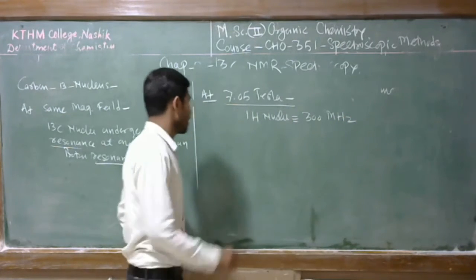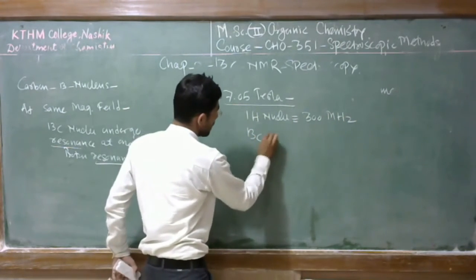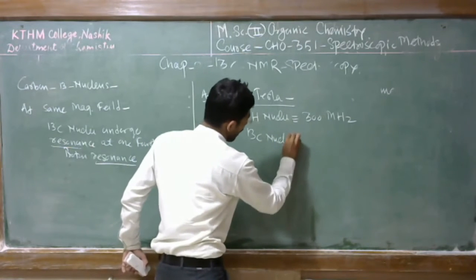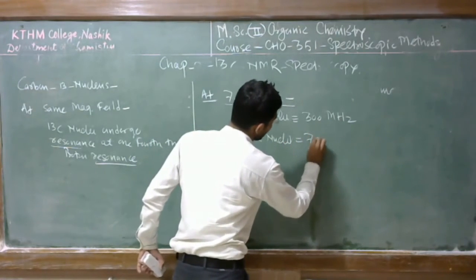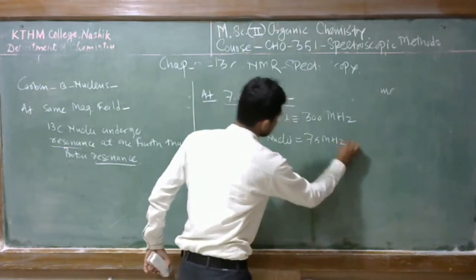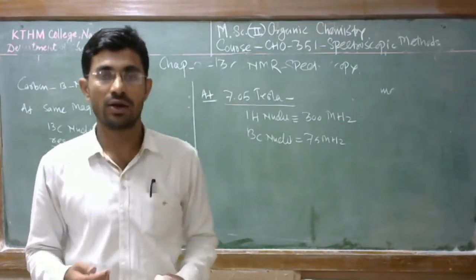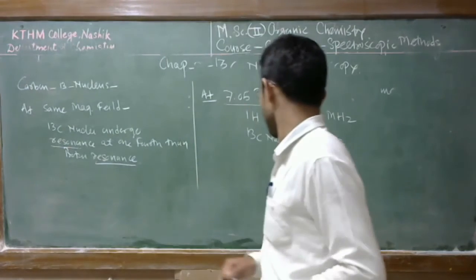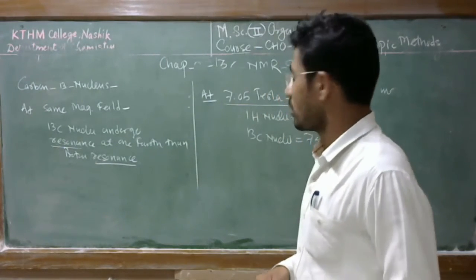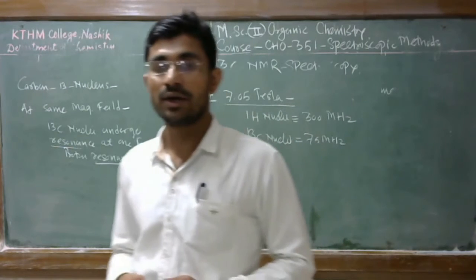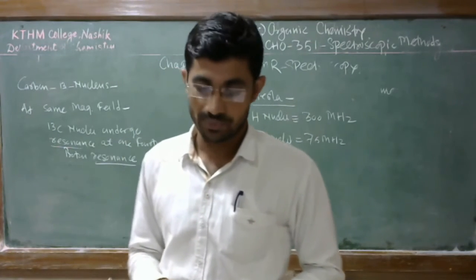How much? 300 megahertz. While 13C nuclei undergo resonance at nearly 75 megahertz. So 13C nuclei undergo resonance at low frequency. This is the introductory part of 13C nuclei.